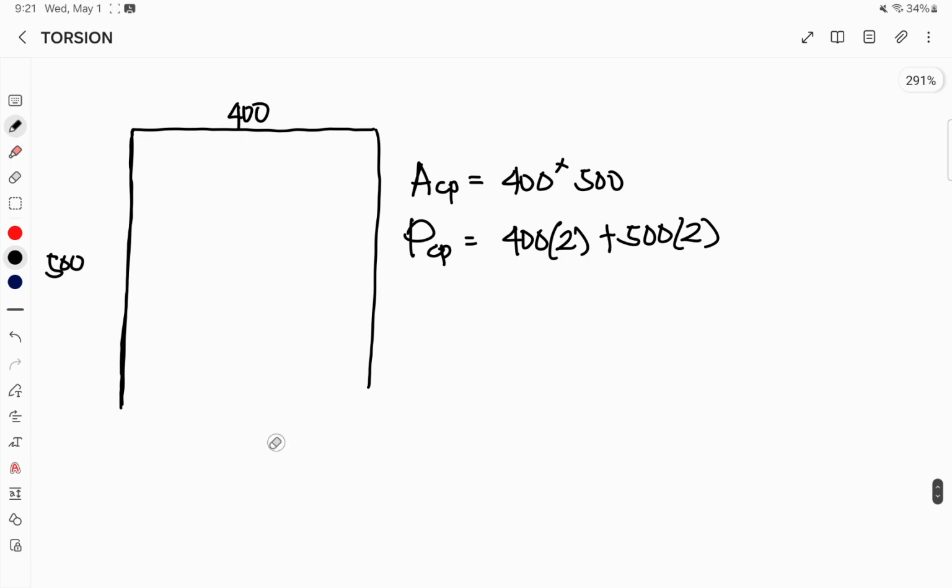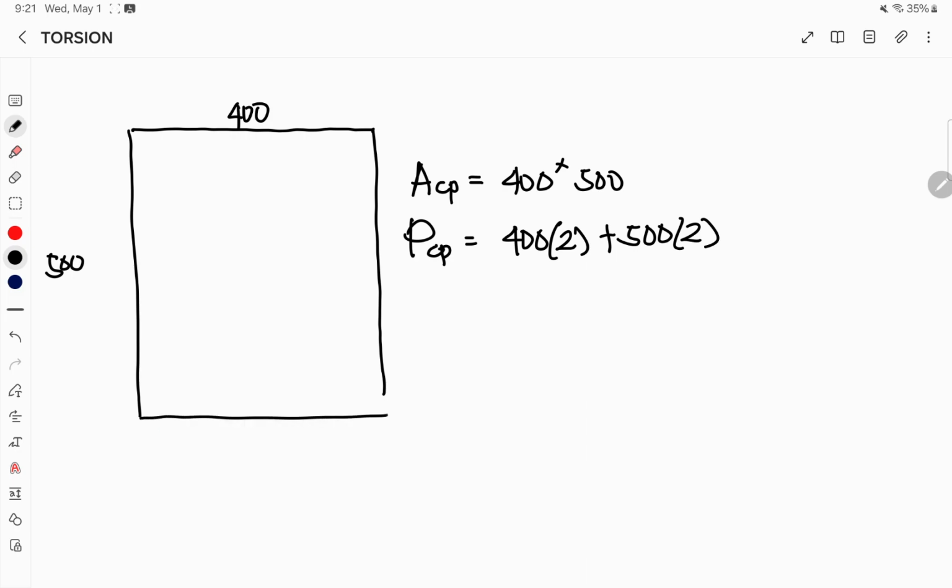This would be the cross section of the beam. Of course, we have stirrups surrounding it.